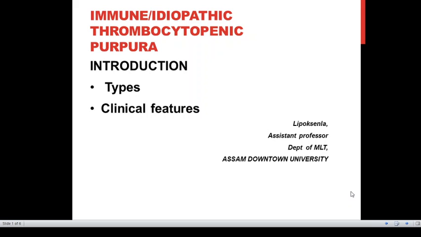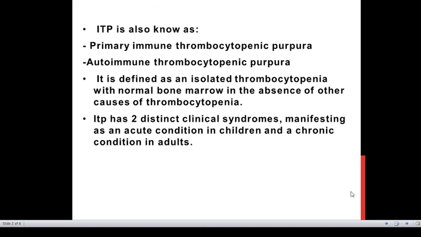In ITP, there is increased destruction of platelets. I repeat, increased destruction of platelets by immune mechanisms and mainly by autoimmune mechanism. Hence, it is also referred to as autoimmune thrombocytopenia. Hence, ITP is also known as primary immune thrombocytopenic purpura or autoimmune thrombocytopenic purpura.